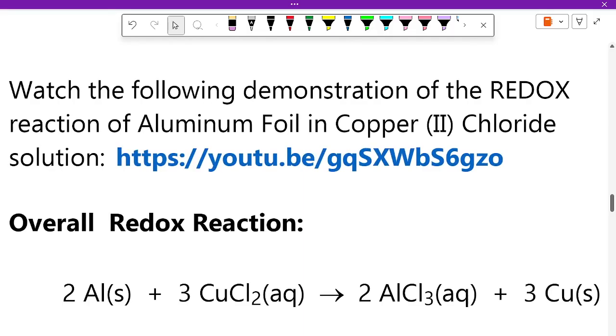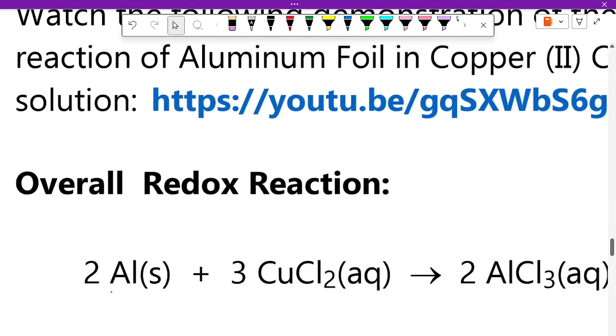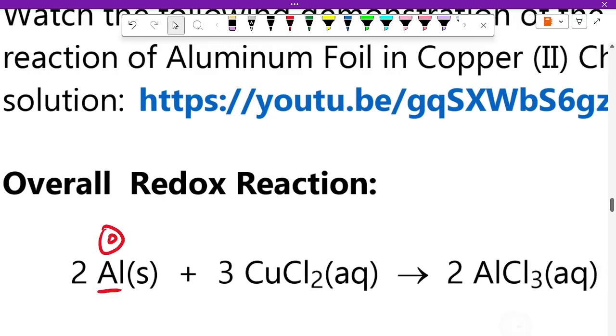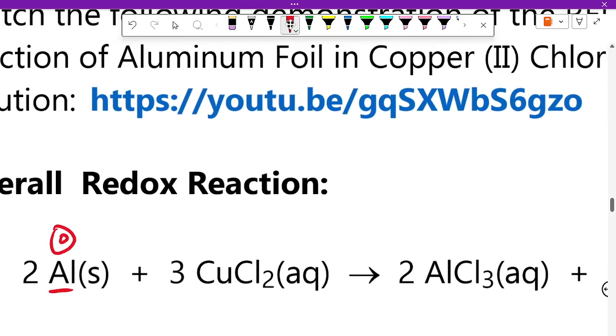Now let's take a look at our oxidation numbers here. What is the oxidation number of aluminum on the left? Aluminum is 0. What is aluminum on the right? 3+.